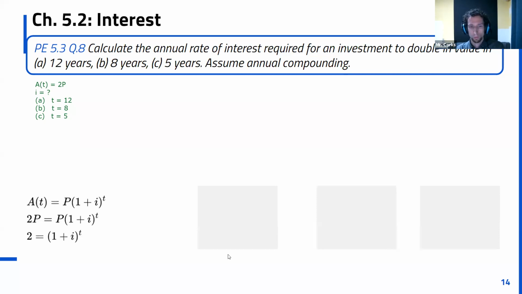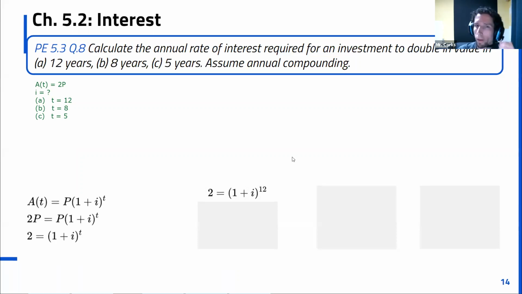All right, so let me just make sure I have my animations correct here. Yep. So for A, we are given this situation here. All right, so what is our next line? Using our exponent rules, what do we have?